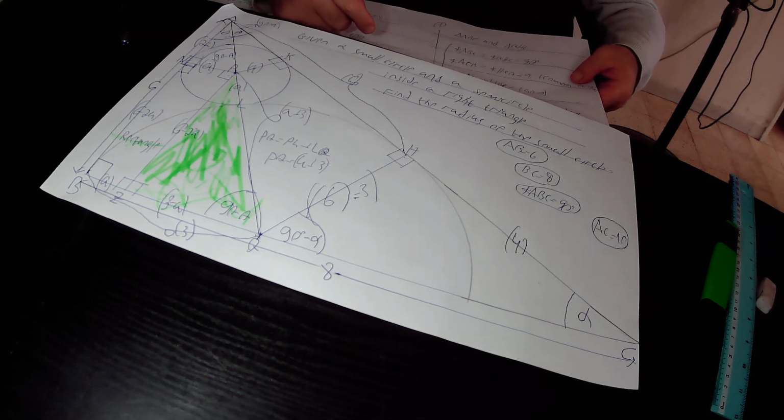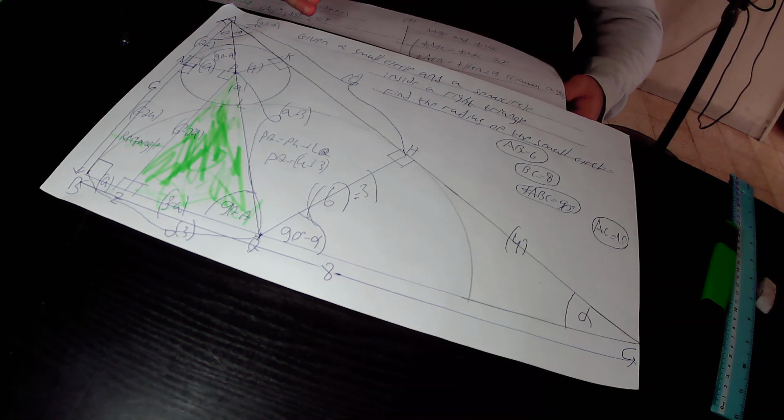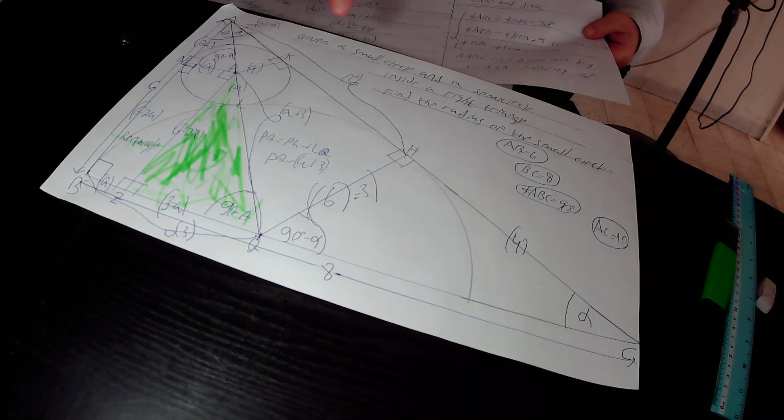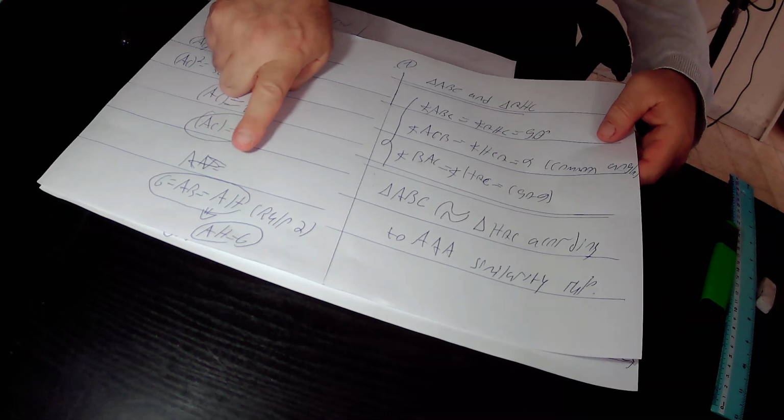Here we can apply rule 2. If we focus on this external point A, from it we have two tangents to the big semicircle, tangent AB and tangent AH. According to rule 2, they are equal to each other. That is to say, AB equals AH.